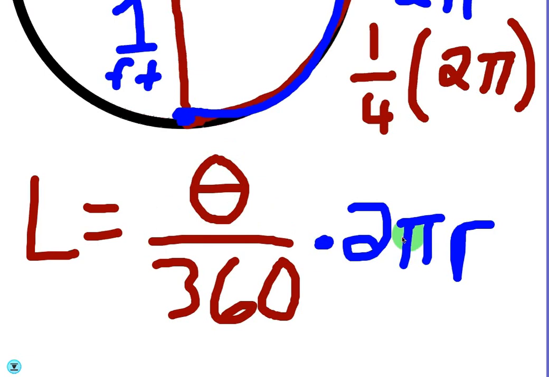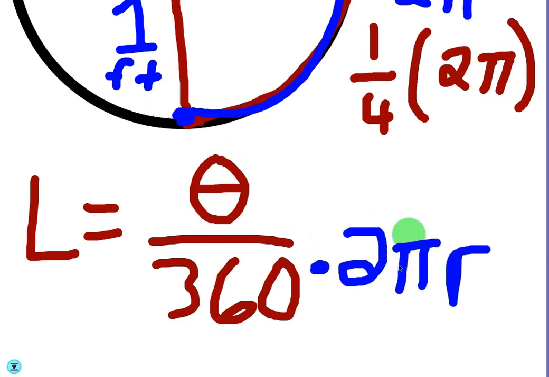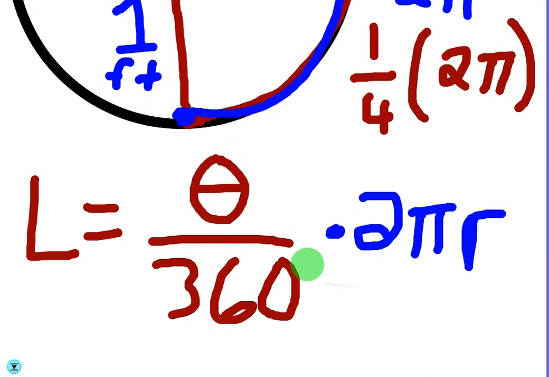So it is a kind of complicated formula, but if you think of it in those two ways, the first part being the fraction and the second part being the circumference, then you can see the arc length is just the fraction of the circumference. So like I said, we're going to do 2 examples that will cover questions from the front, and then I'll let you guys work for a little bit, and then we'll cover 2 examples that will be more like the back, even though they're very similar.